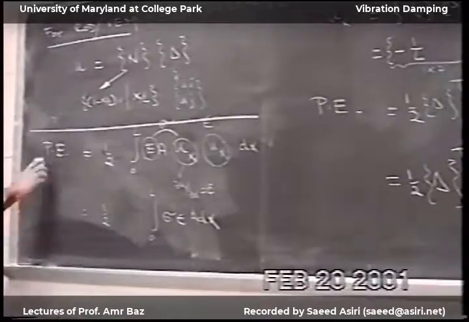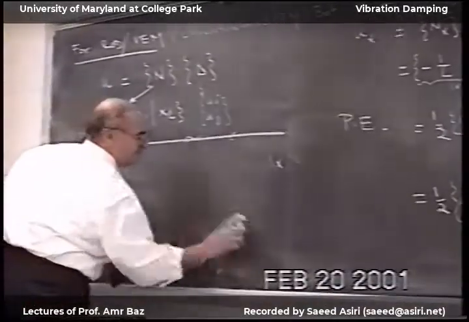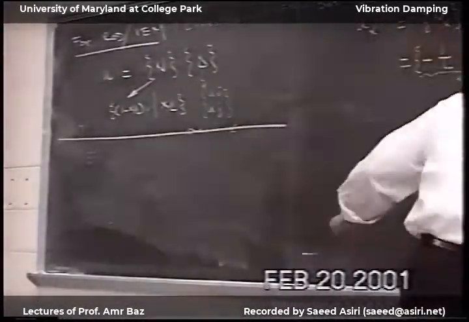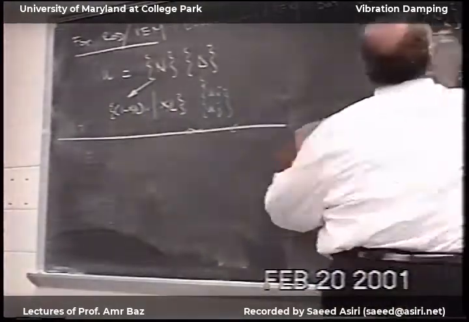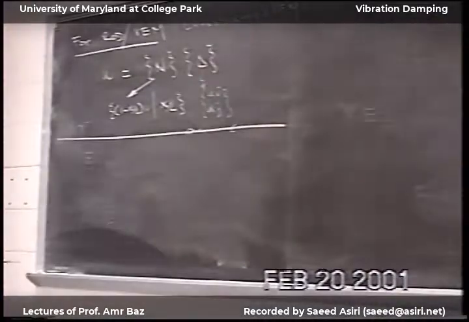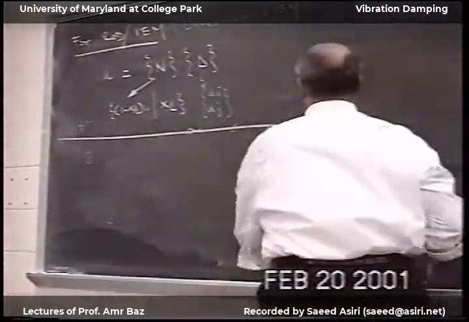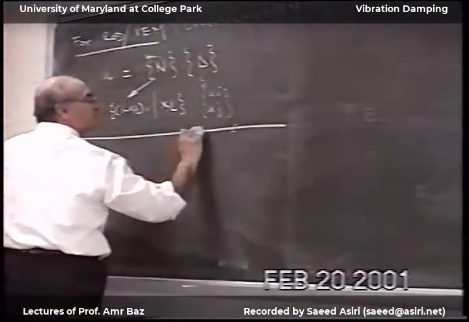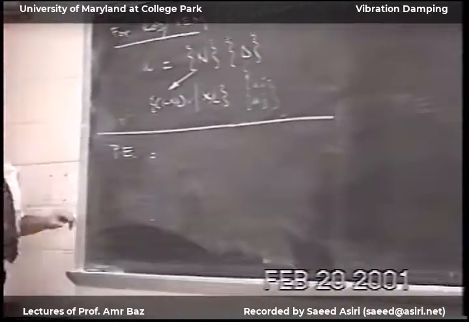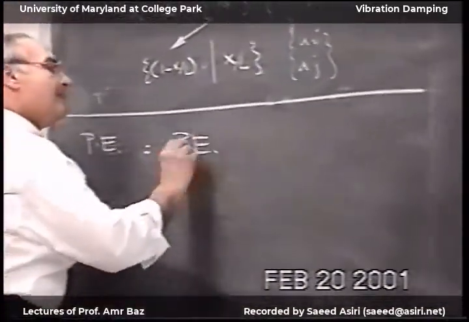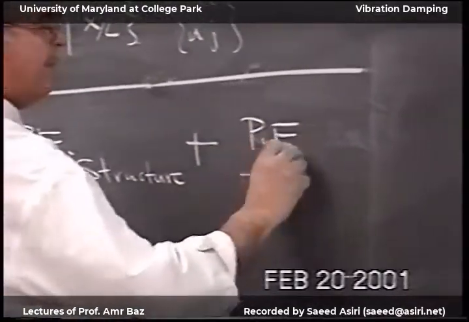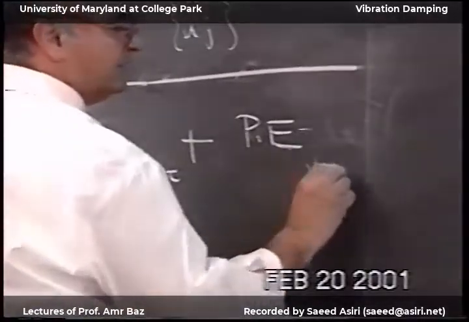Now the potential energy. Potential energy is the potential energy of the parent structure plus the energy of the viscoelastic material.